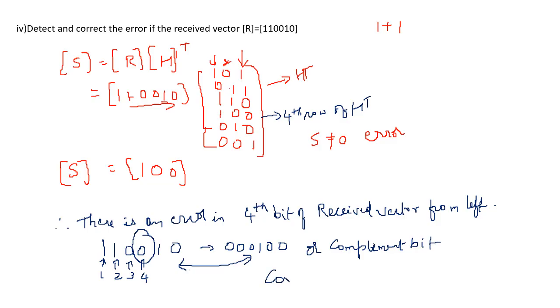So the corrected vector will be 1 1 0 1 1 0. So what you have done is you have corrected this particular fourth bit. In this problem we identified that there is an error in the received vector, identified which particular bit has the error by using the H transpose matrix, and then finally corrected that error.